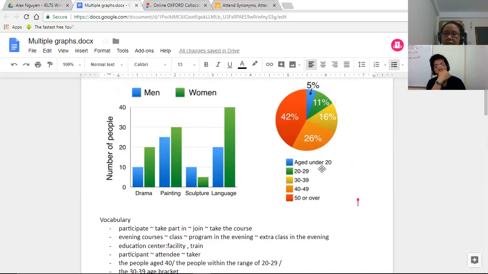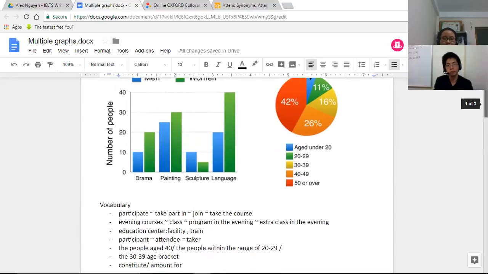There's a minor difference between teenagers and adolescents, but it's okay. You can overgeneralize, and you can use adolescents. I think it's better to use adolescents. I see.